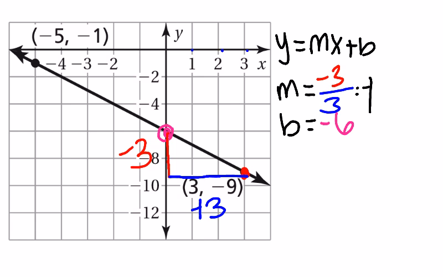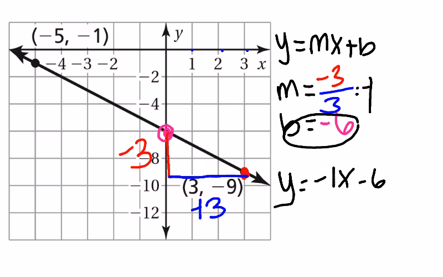So we're going to go ahead and rewrite our equation. It's going to be y equals, hopefully you got your answer already. It's going to be -1x. Instead of putting +6, I'm going to write -6. Now, do we really need this -1 here?